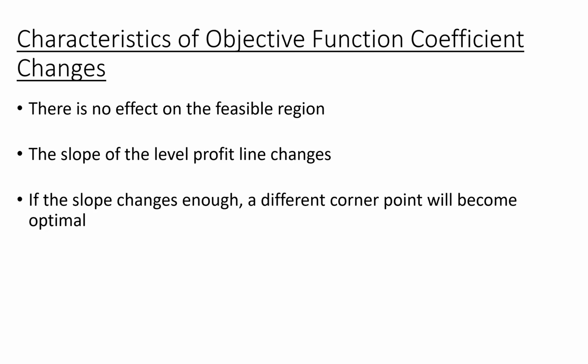Characteristics of objective function coefficient changes. When we change the objective function coefficient, there is no effect on the feasible region. The slope of the level profit line changes. The profit line here is the objective function. The slope of the objective function changes. If the slope changes enough, a different corner point will become optimal.